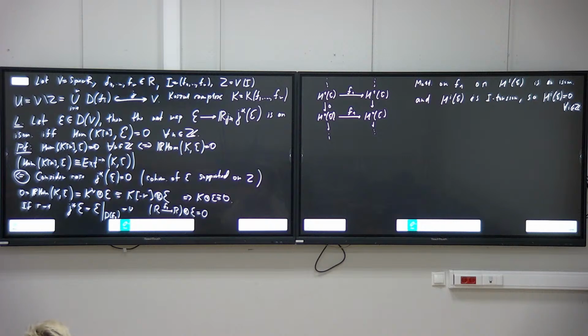Yes. But we also know that multiplication by f is an isomorphism. Yeah, so multiplication by f could be not nilpotent, but what you say is true. So it's not nilpotent as an operator, since if it were nilpotent, it would have to be 0 on all elements at once.